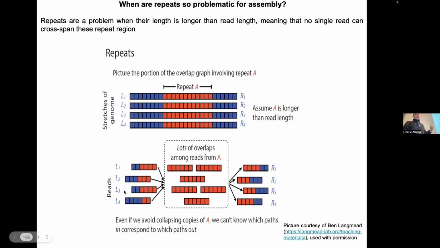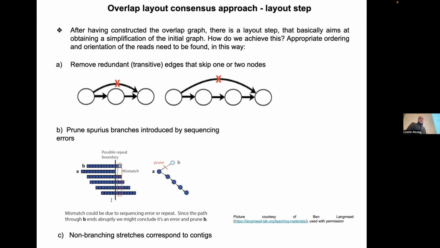So you start to create these graphs, and when you hit the repetitive regions, all the overlaps in the graph converge into the same place. You don't know how to walk through the graph in these regions because there are too many potentially valid overlaps. Whereas if you have long reads, then you can span them, and they are not repetitive anymore.